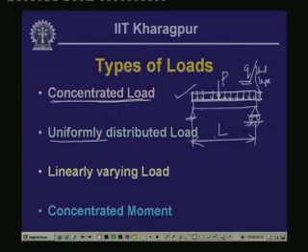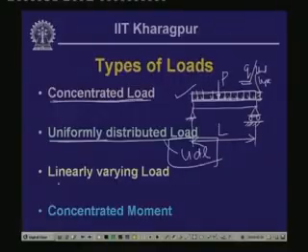Many times it is said in short as UDL. So, a simply supported beam, hinged at one end and on roller support on the other, is subjected to a UDL, which means it is subjected to uniformly distributed load over the entire length of the beam.